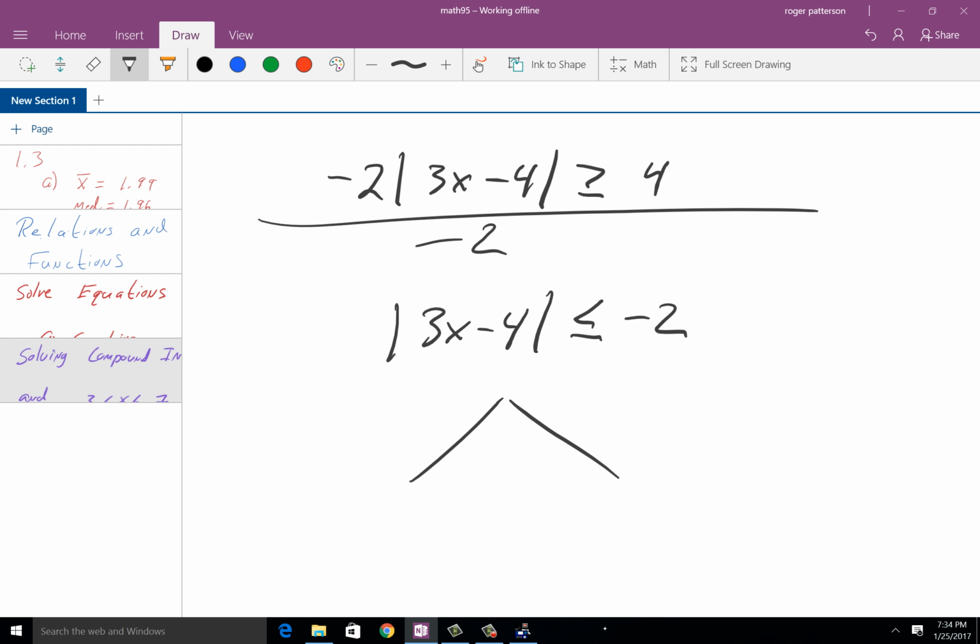Wait a second here. What? Let's graph this. So 2/3 is here, and 2 is here. And if I graph this, X is less than 2/3, where does that go? So that's going to go this way, right? And if I graph this one, where does it go?